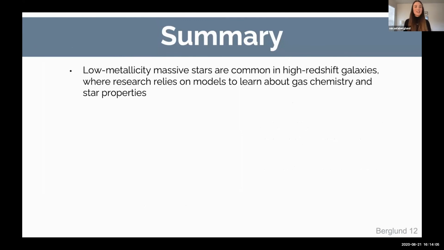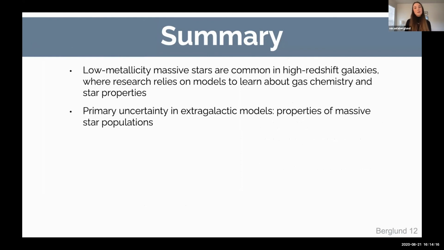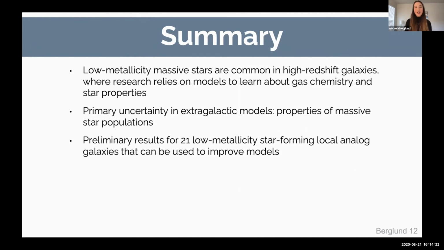In summary, low metallicity massive stars are common in high redshift galaxies, where research relies on models to learn about gas chemistry and star properties. One of the primary uncertainties in extragalactic models are the properties of the massive stars. And here we present preliminary results for 21 low metallicity star-forming analogs that can be used to improve models.